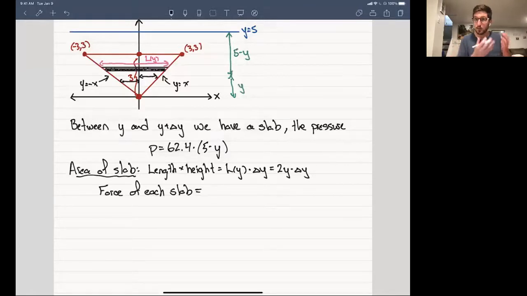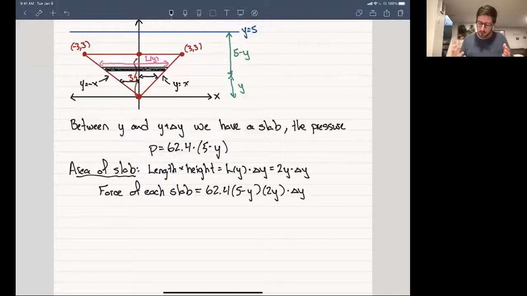The pressure is force per unit area, and therefore we multiply the area to get the full force. And so that gives us 62.4 times 5 minus y times 2y times delta y. So I won't simplify it just yet.